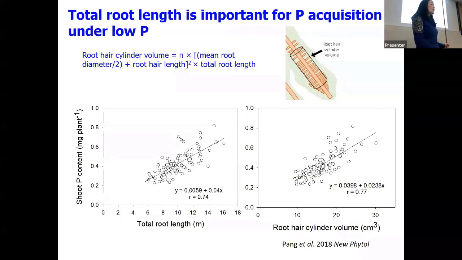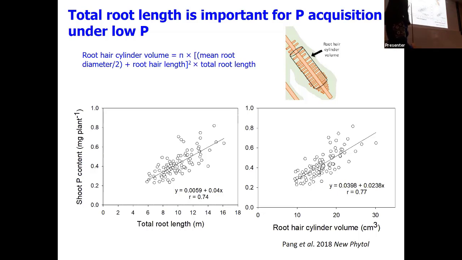We made correlations among all those parameters we measured. We found that total root length and root hair cylinder volume had very strong correlation with shoot P content. That root hair length is a function of mean root diameter and total root length.